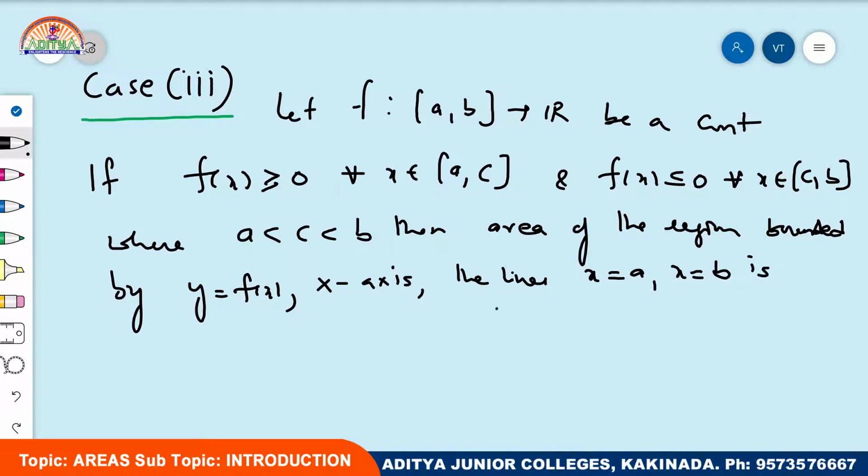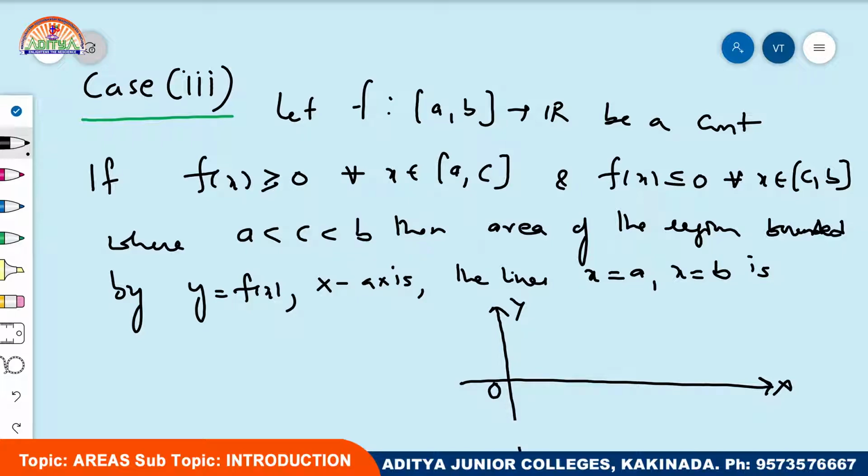Now I am going to consider the graph of y is equal to f of x. This is our x-axis and this is our y-axis. Now the intersection point is the origin.